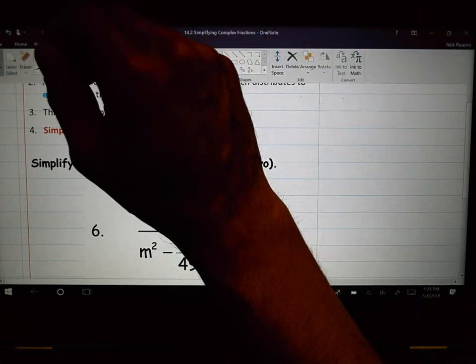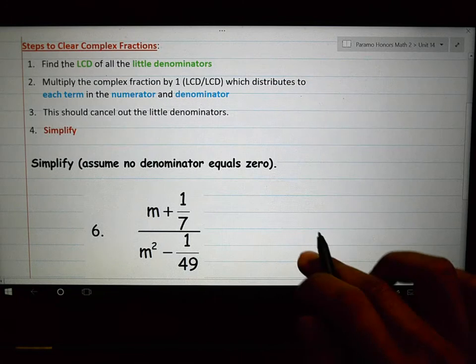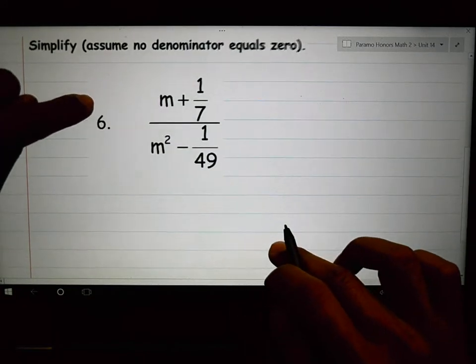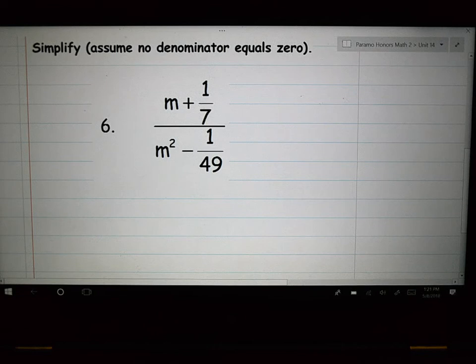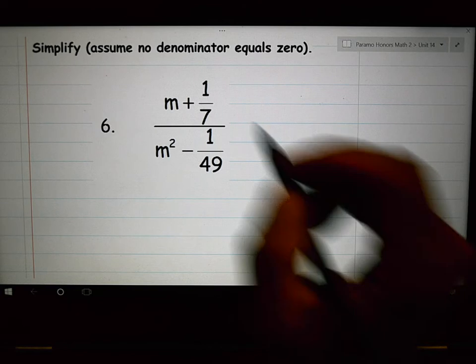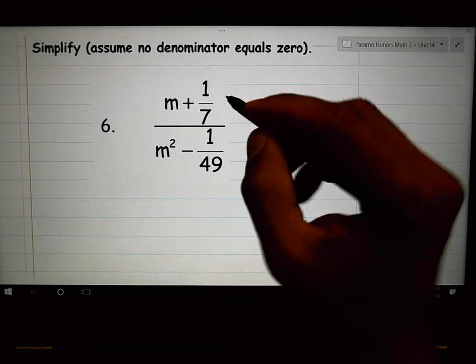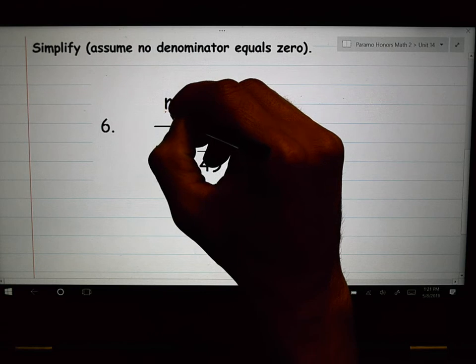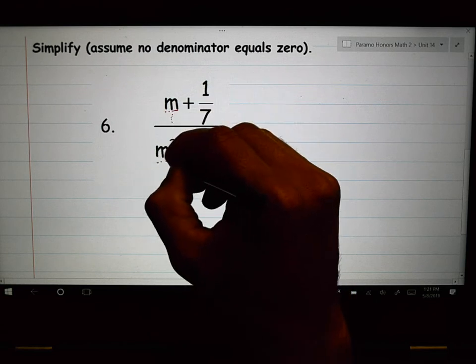We are going to do number 6. If you want to do this on a separate sheet of paper, feel free to do so. This is the start of your homework. Step number 1 says that we're going to look at all the little denominators, and I'm going to circle them.